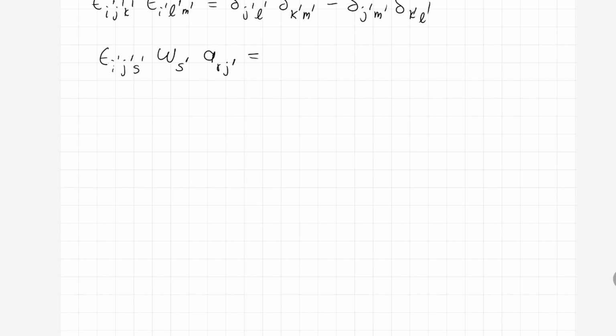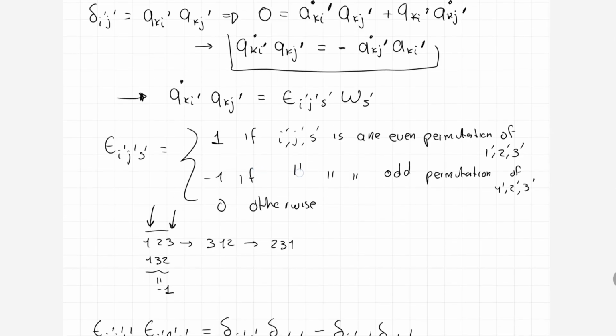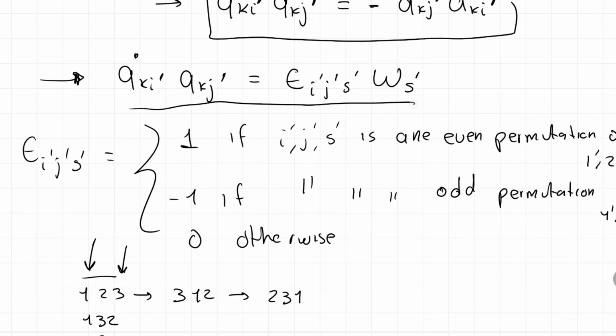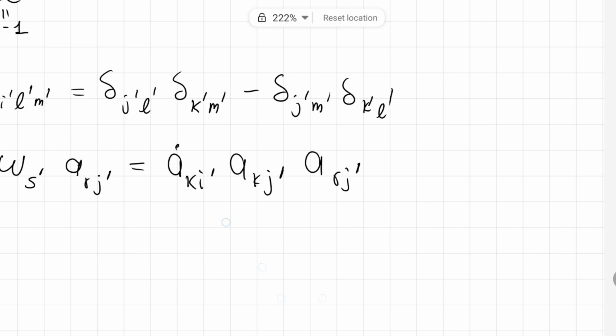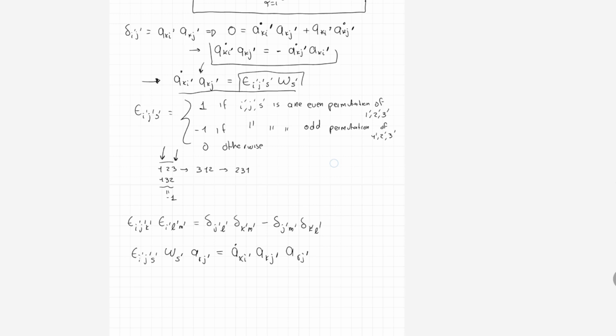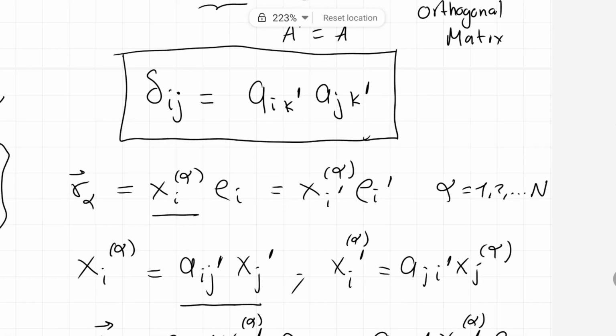Well, this will be equal to, as we saw, we have this relation, so we can substitute this quantity for this. So we are going to have that this is equal to A dot Ki Akj and then times Arj prime. Perfect. But look, we have the product of two components of the transformation matrix. And we showed, let me see, yeah, that is the Kronecker delta.